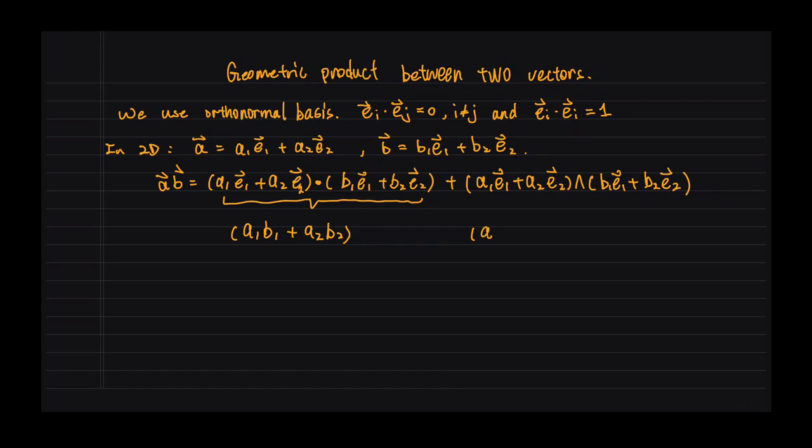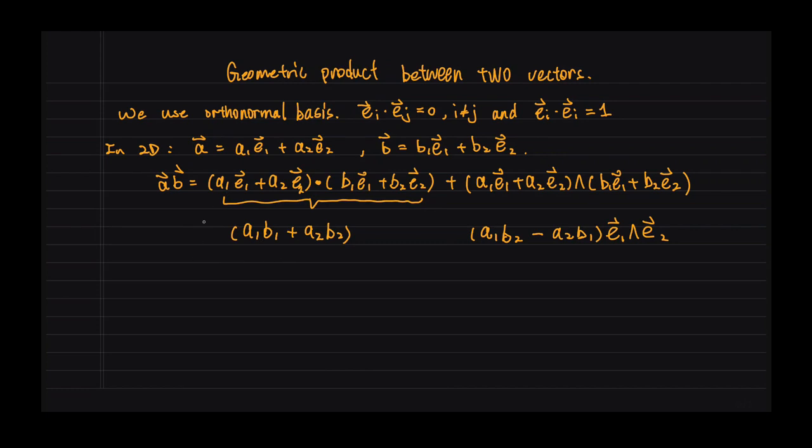What we get is a1 b2 minus a2 b1 with the basis e1 wedge e2. One thing to know is that this is no longer a vector.